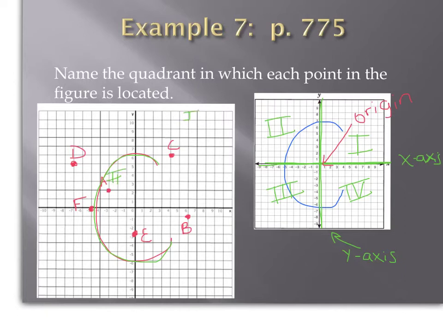So 1, 2, 3, and 4. So B is located in quadrant 4. C is located in quadrant 1. D is also in 2, just like A. E is on the y-axis. And F is on the x-axis.